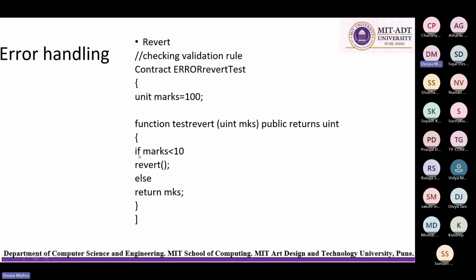So simply I've written if marks is less than 10, revert, else return marks. This revert is not going to print any message. It is just going to say that the condition did not meet and the function has reverted.